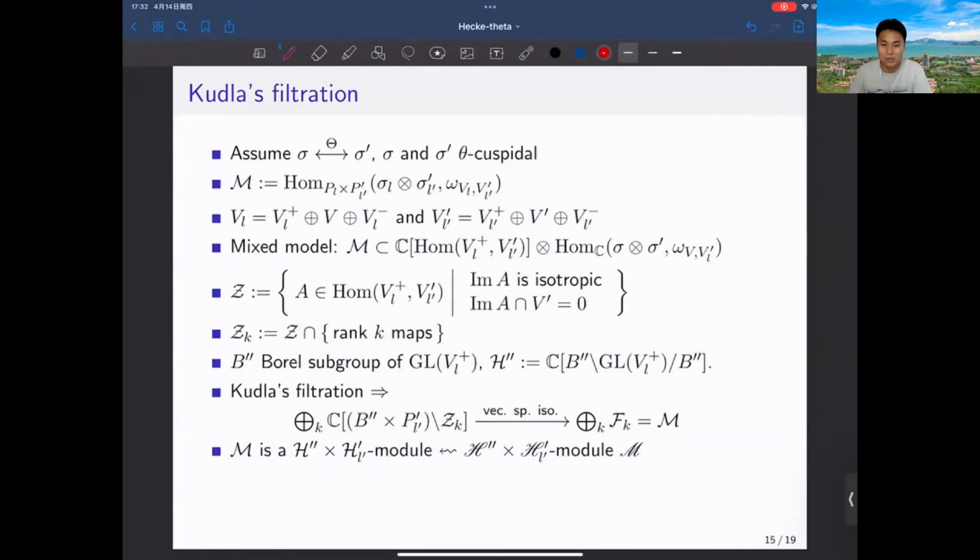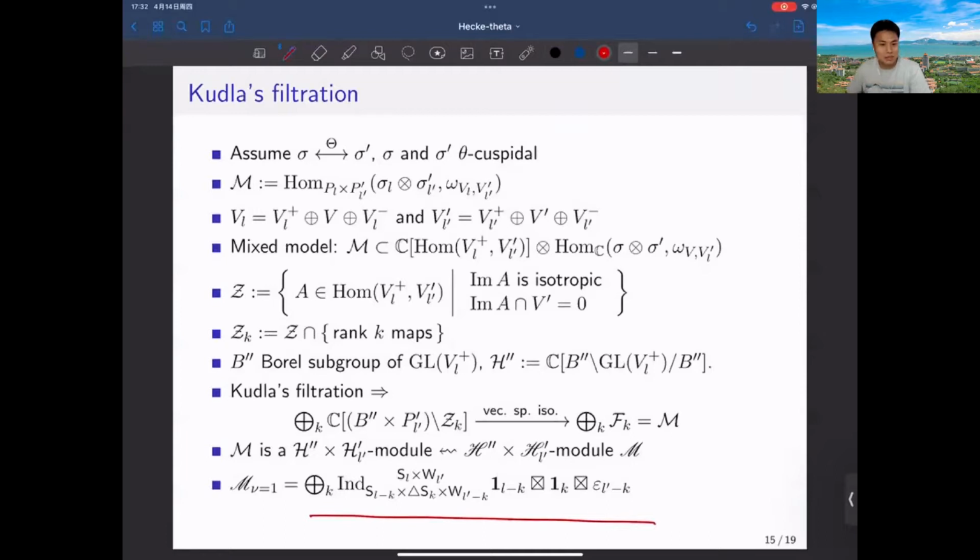Actually, these are parabolic subalgebras of the original big algebras. And it actually tells you that you have a generic Hecke algebra module already for a smaller Hecke algebra. But anyway, if you specialize at v equal to 1, then it already tells you that a quite large portion of the multiplicity space, I would like to say.